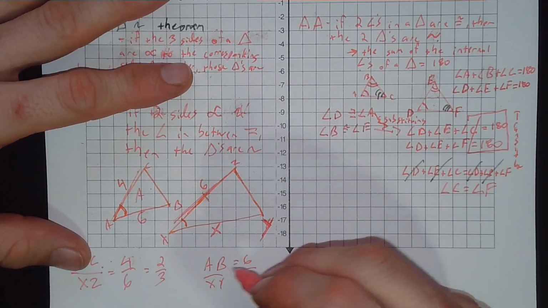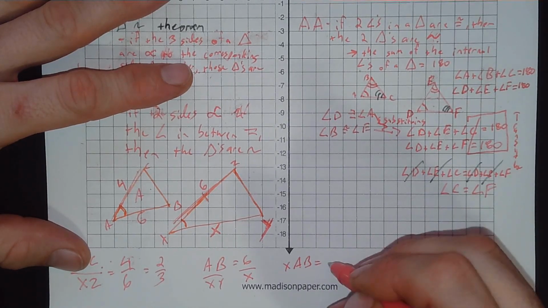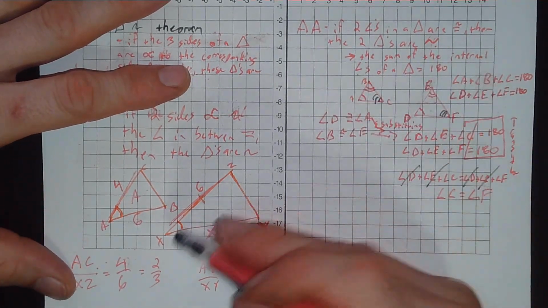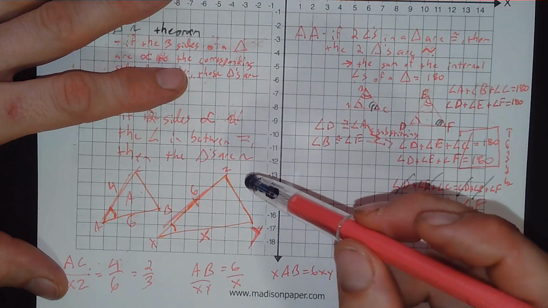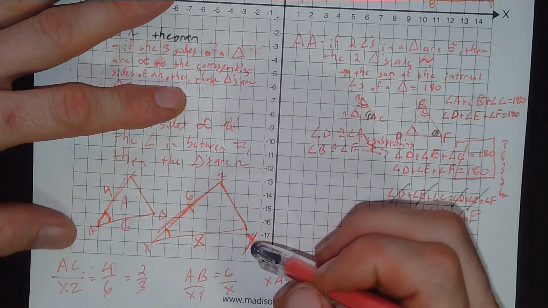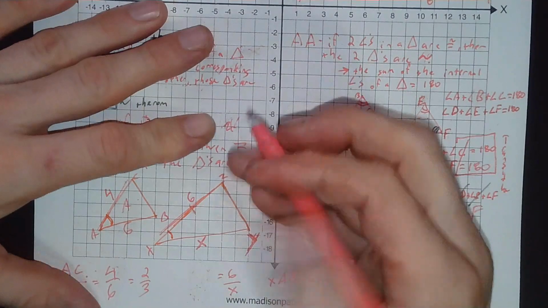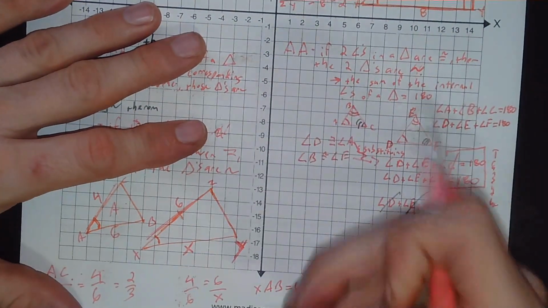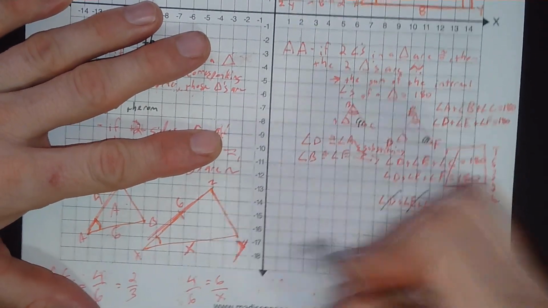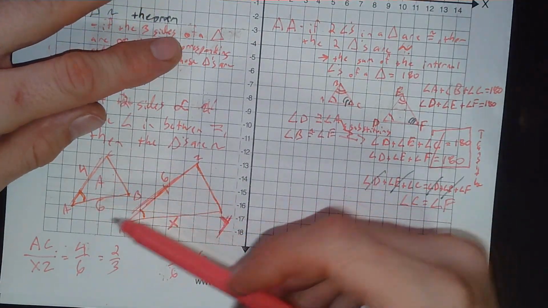Actually, this was 4/6, right? This is the ratio we should have set up, because that was our small triangle to our big triangle.